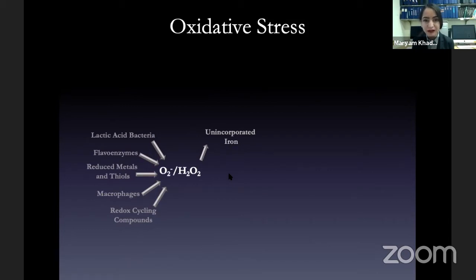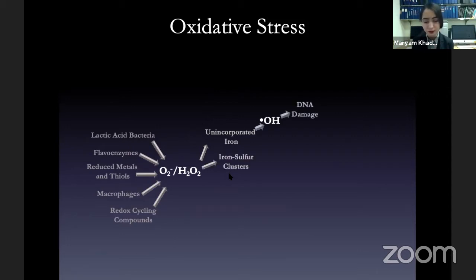Perhaps the main one is that they increase the amount of unincorporated iron in a cell. It is important because that unincorporated iron and hydrogen peroxide can then react to form hydroxyl radical, which I mentioned in the beginning of the talk is the most dangerous form of ROS, and it can readily damage DNA.